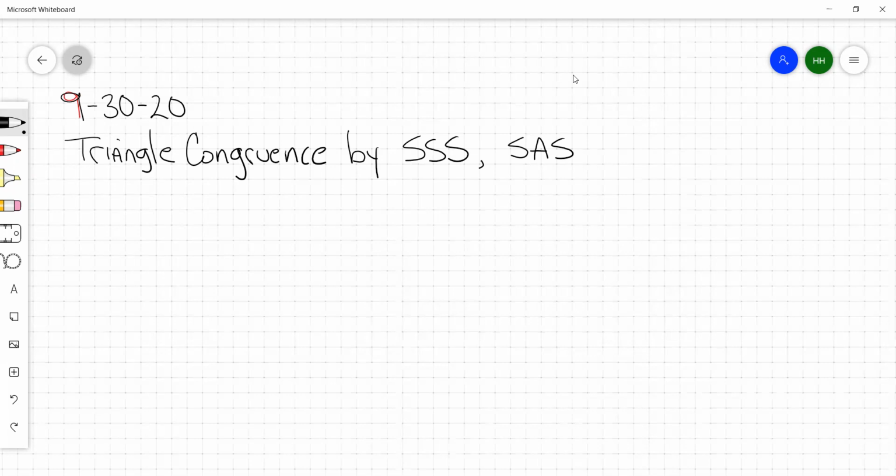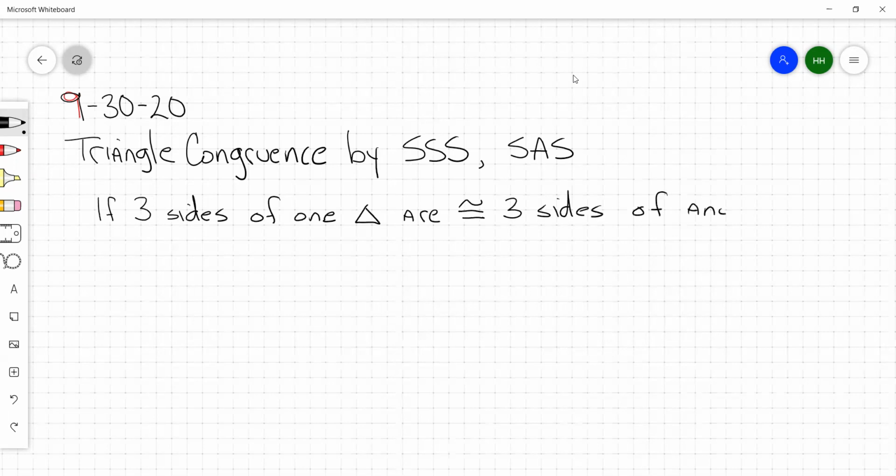The first one being side-side-side congruence. And what it says is that if three sides of one triangle are congruent to three sides of another triangle, then the triangles are congruent.